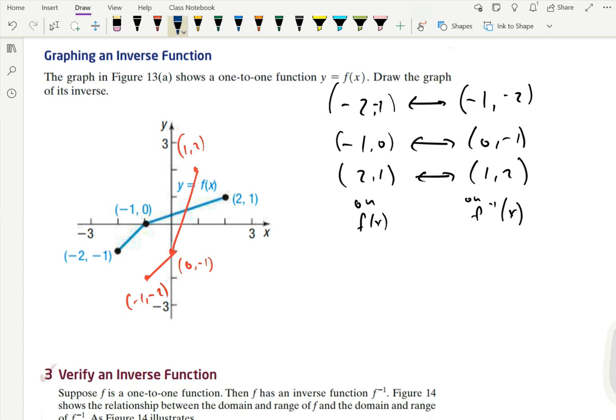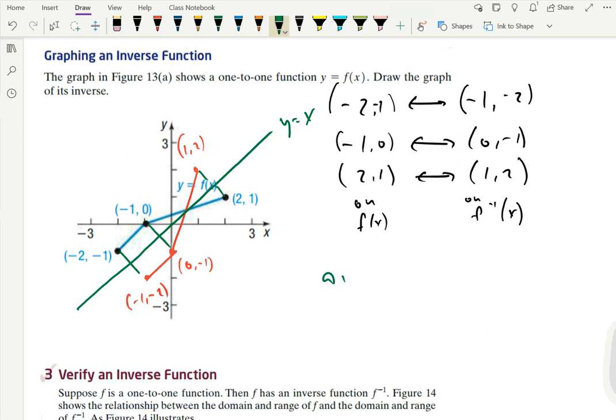If I draw the diagonal line y equals x, we should see that we have some symmetry across that line. Symmetry just means I could fold this graph along this diagonal, and (2, 1) would fold over to (1, 2), (0, negative 1) would fold over to (negative 1, 0), and (negative 1, negative 2) would fold over on top of (negative 2, negative 1).